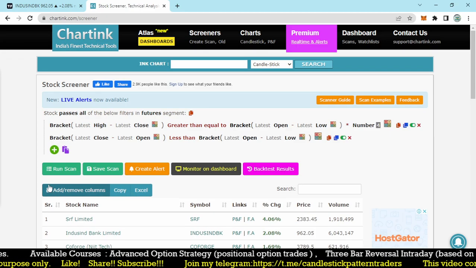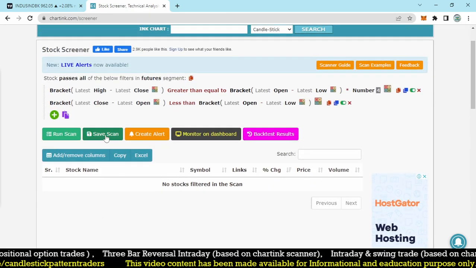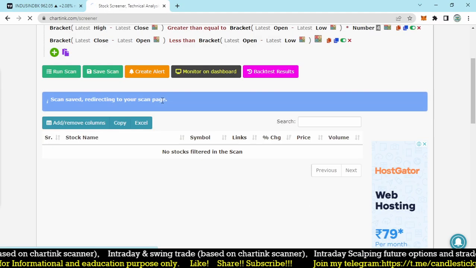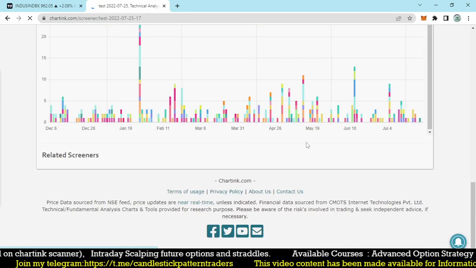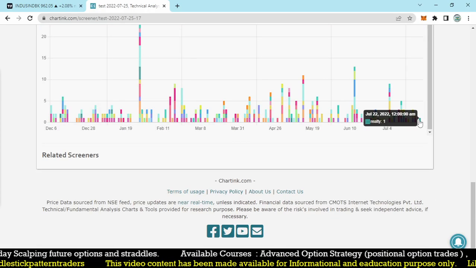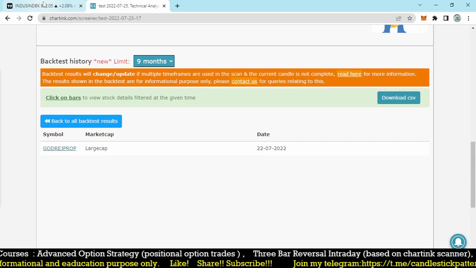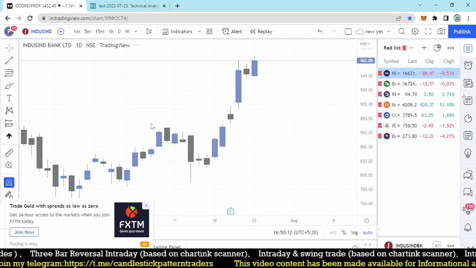Let's find out what this condition does. There was no stock filtered by this condition. Let's save that to see the performance. You can see a lot of stocks, and today we didn't find any stock, and yesterday we saw Godrej Properties. What happened here? Let's see.